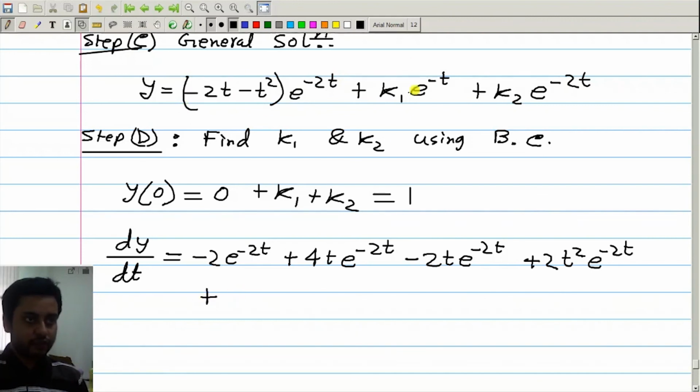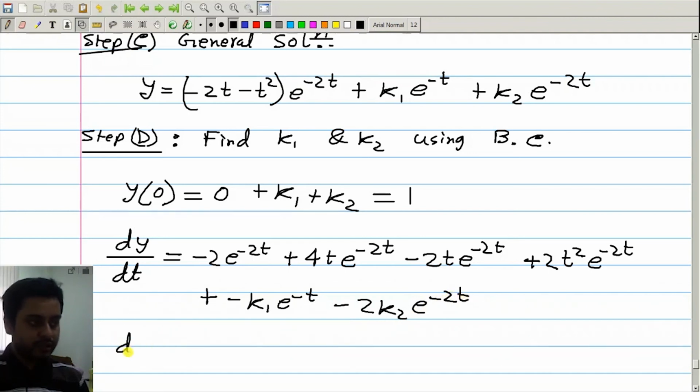Then from here minus k1 e to the power minus t and minus 2k2 e to the power minus 2t.